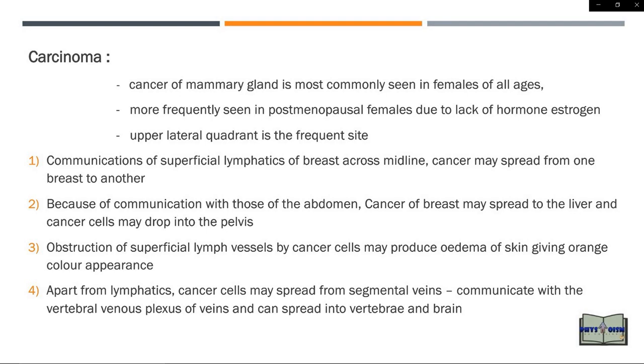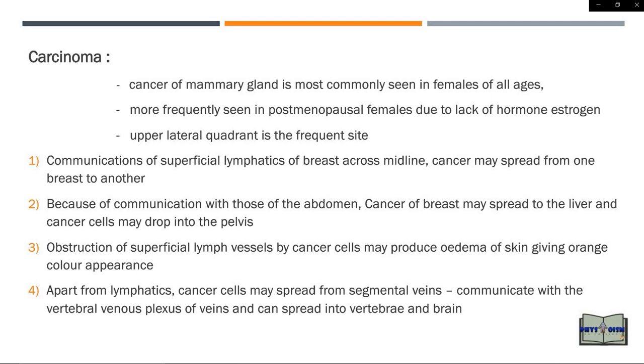Likewise, because of the communication with those of the abdomen, cancer of the breast may spread to the liver, and cancer cells may drop into the pelvis also.